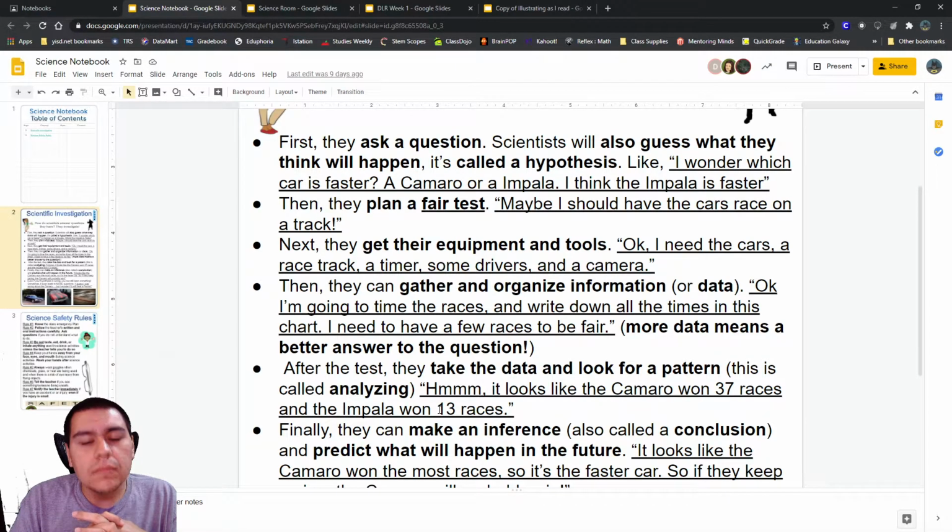The Camaro. The Camaro would probably be the faster one. Because even though it didn't win every single time, it did win a lot more than the Impala did.